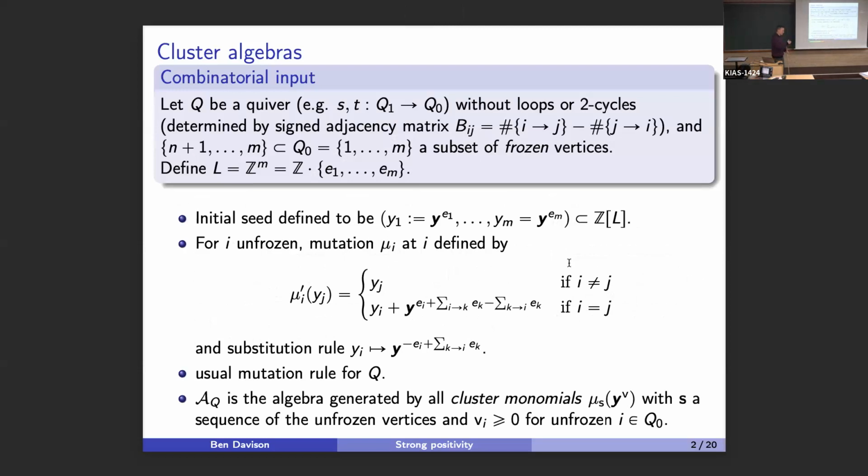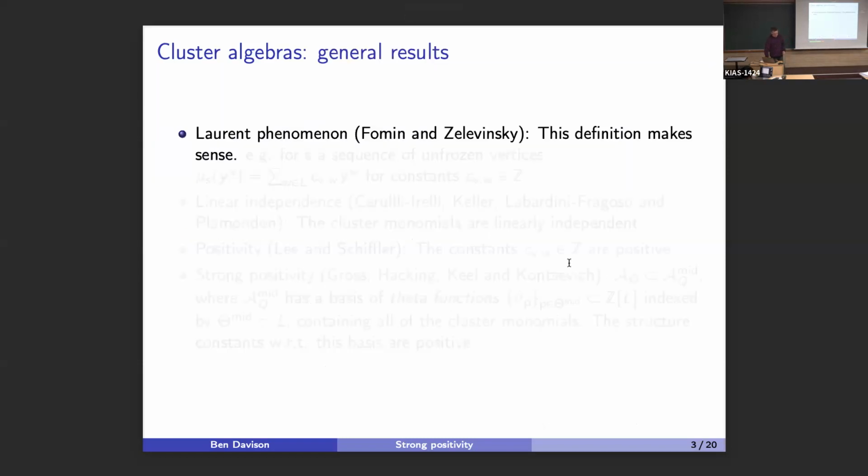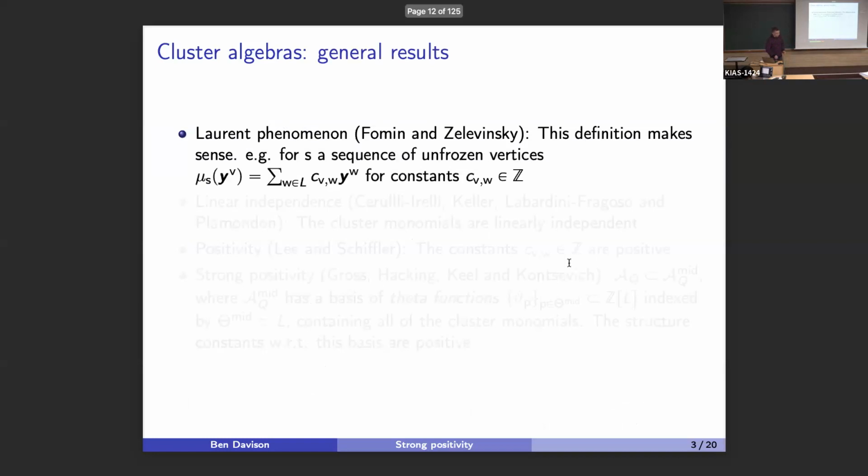So what you're seeing here is some rational function in terms of the original cluster monomial. So if I just do one mutation, it's clear that everything is fine. I've got evidently a Laurent polynomial here. But if I take an arbitrary Laurent polynomial and not just a Laurent monomial and try to invert it in this ring, then in general, you should expect to have some problems. You should expect to not stay within the land of Laurent polynomials. But the happy fact here is that you do.